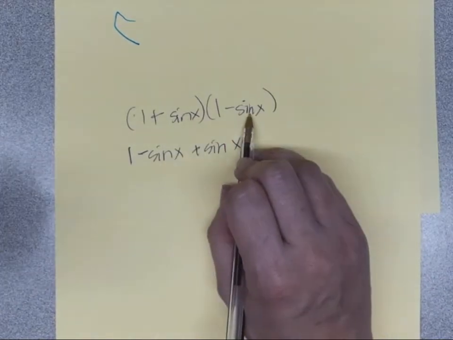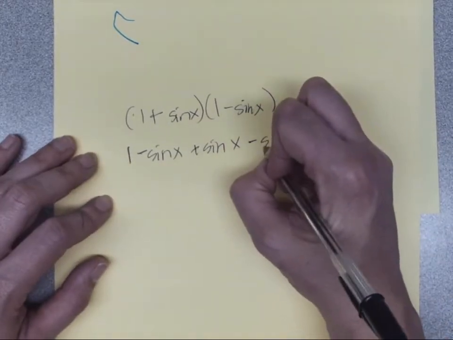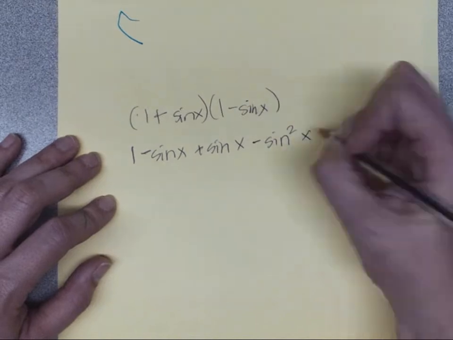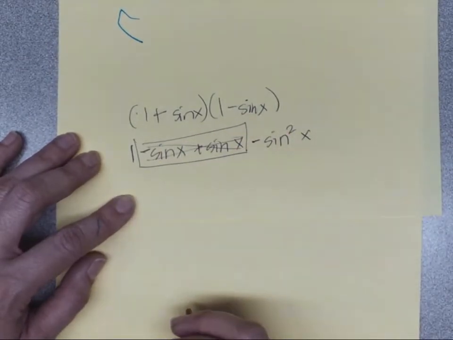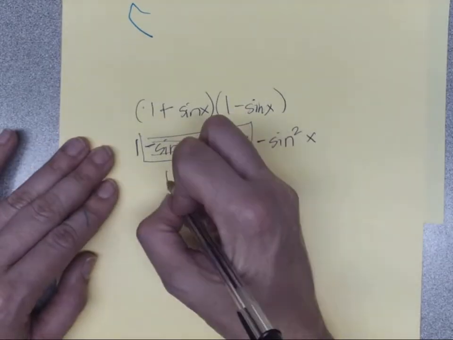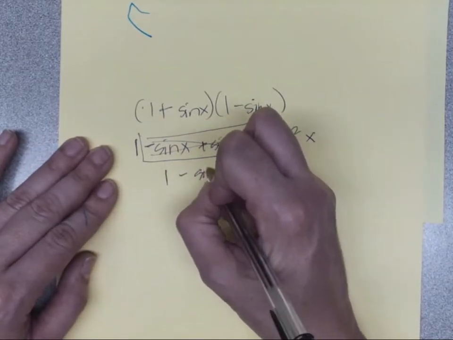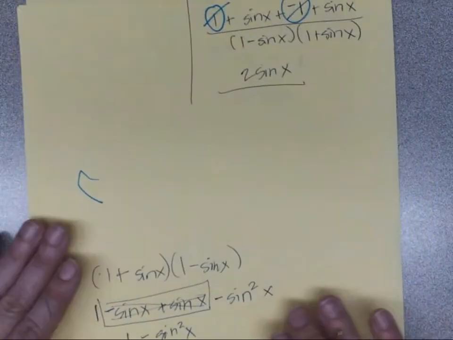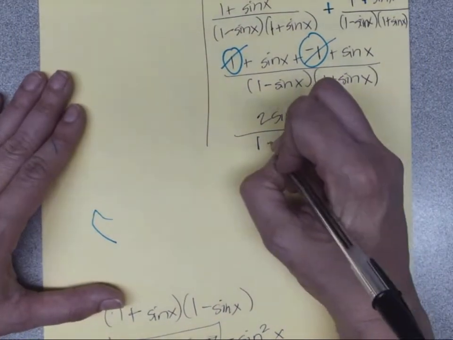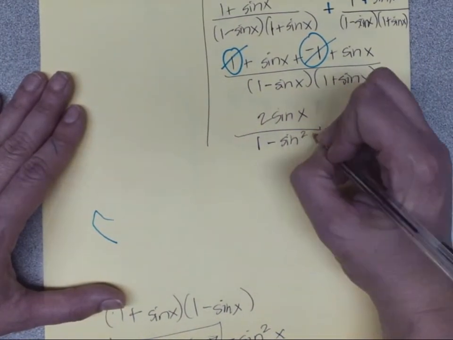And sine of x times negative sine of x is negative sine squared x. And if you notice, this negative sine x and positive sine x is 0 when you add them together. So you're left with 1 minus sine squared x. Okay, so the bottom turns into 1 minus sine squared x.